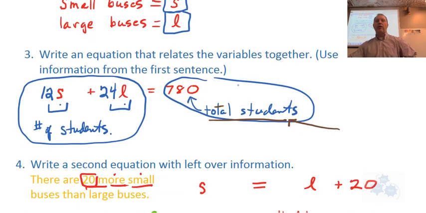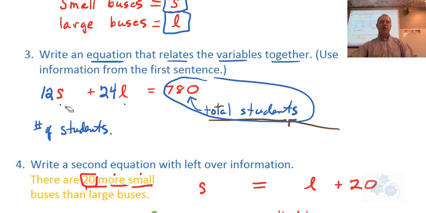Then we're going to start to make equations, which is what we've already taken a look at. An equation that relates the variables together, you're going to make two of those. The first one usually comes from the first half of the question. So the first sentence usually contains the information that you need to create the first equation. All right, let's break this down a little bit again. There are 12 passengers for every small bus.